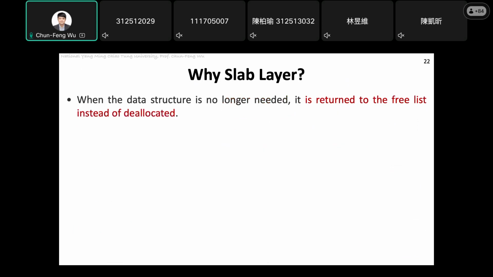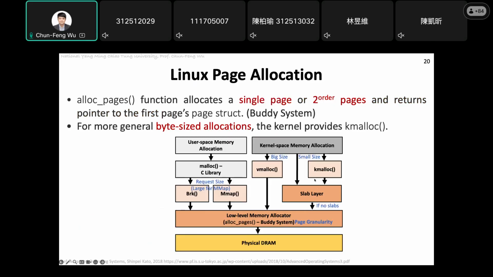Okay. So there's another concept, which is the slab layer. This is the slab layer. So for the allocation of patches we use the buddy system to always split the larger blocks in half and then check if it fits the request or not. If it doesn't fit, then we will split into a smaller one.